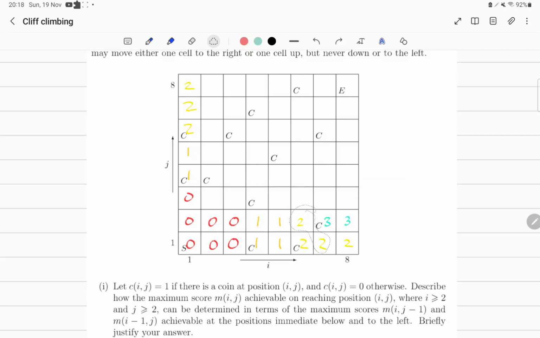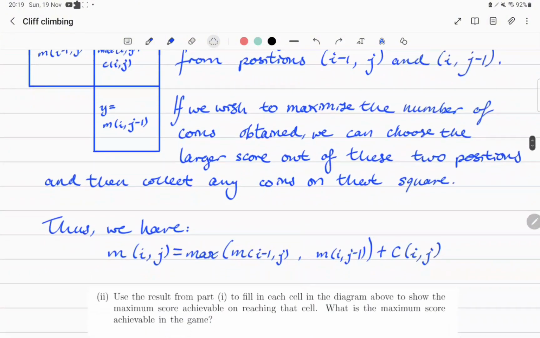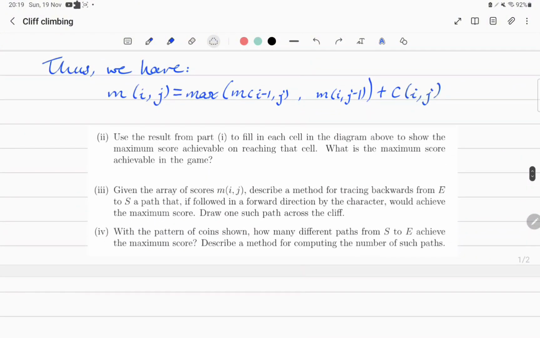Notice that 2 and 2 are equal, so we should have 2 in that corner, but we filled in 3 because there is, in fact, a coin there. We can now fill in this 3 over here, and then continue with the other rows in order. This, of course, leads us to conclude that 5 is the largest possible value to have in this grid. Now let's move on to part 3.